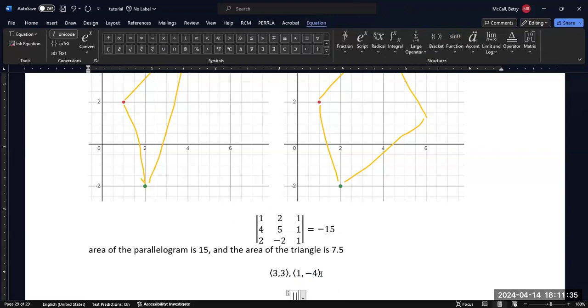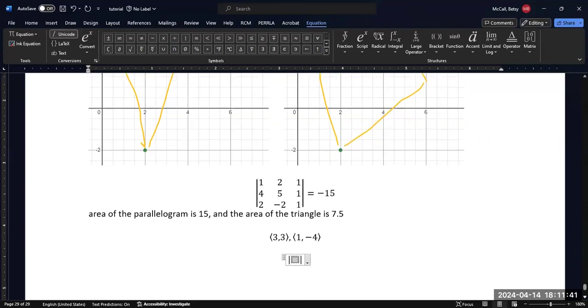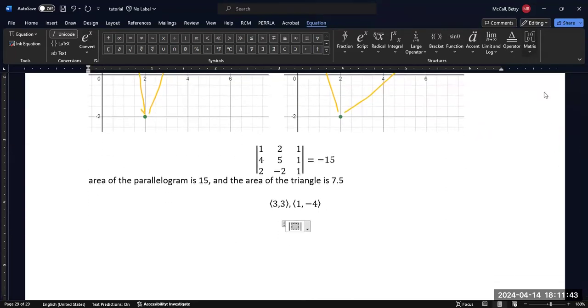And so if I make my determinant from that, 3, 3, 1, -4, then I get 3 times -4 is -12, minus 1 times 3 is -3.